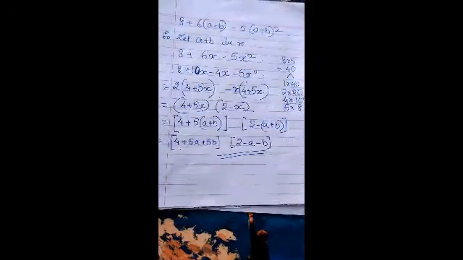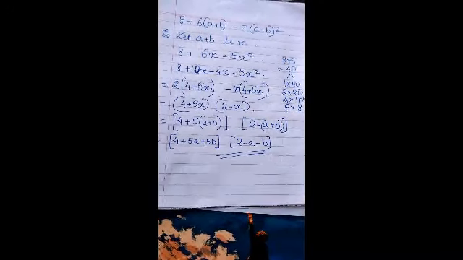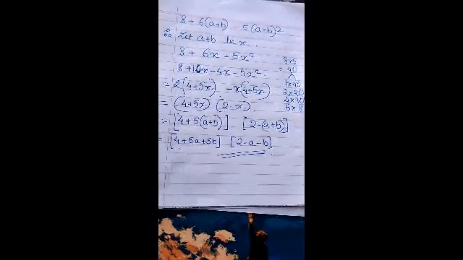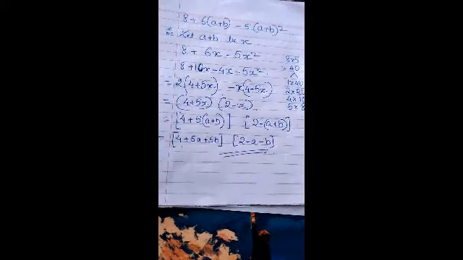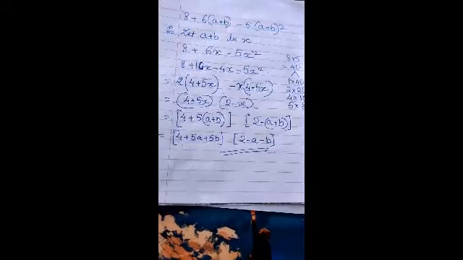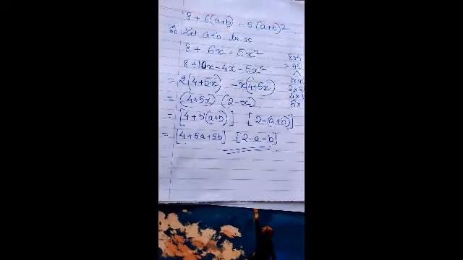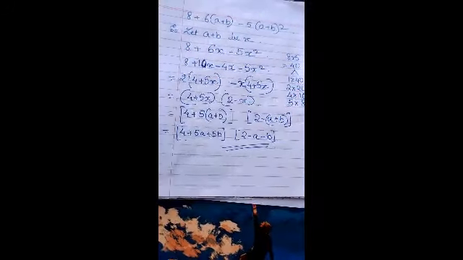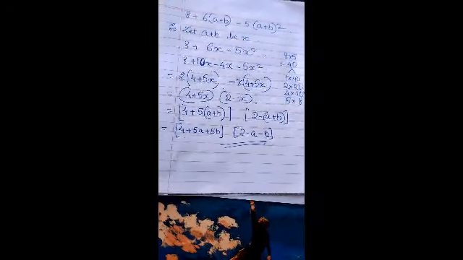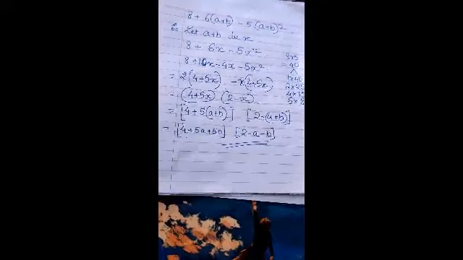Now here we have 8 plus 6 bracket open a plus b and minus 5 bracket open a plus b whole square. So we can say let a plus b be x. Our new expression or our new trinomial will be 8 plus 6x minus 5x square. Our first term is 8, our last term is 5.